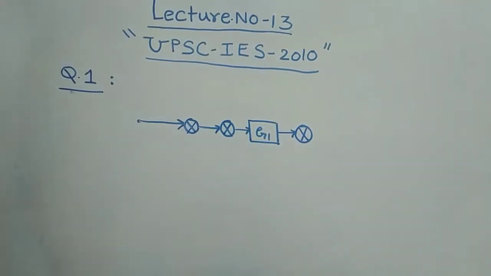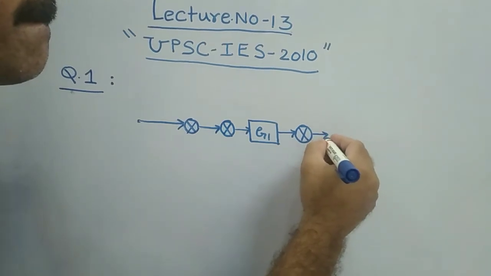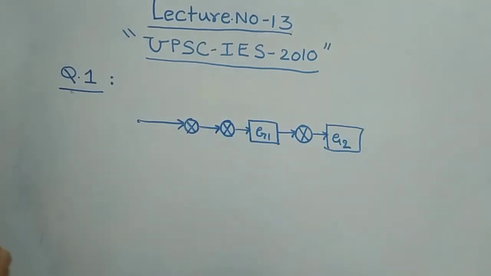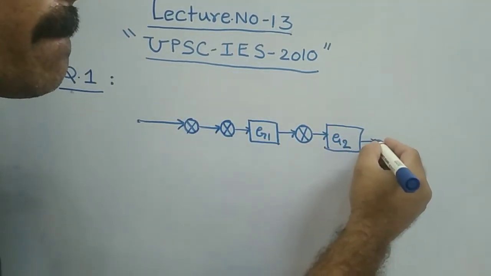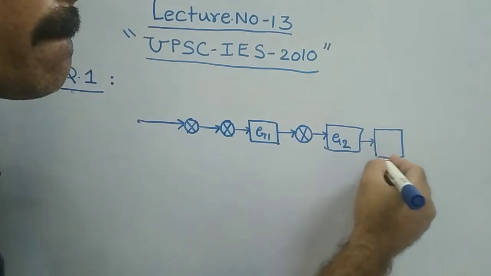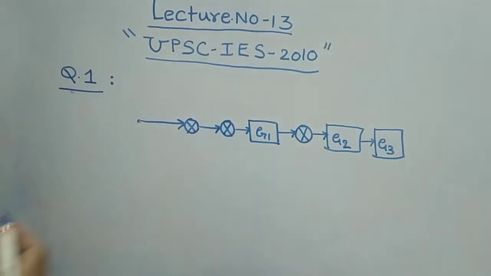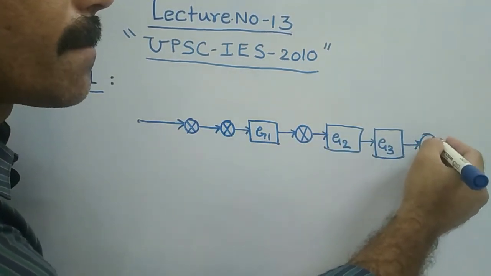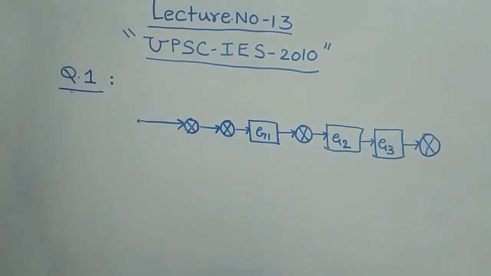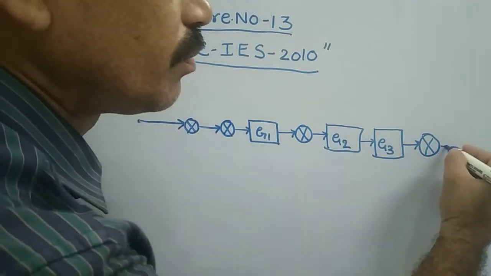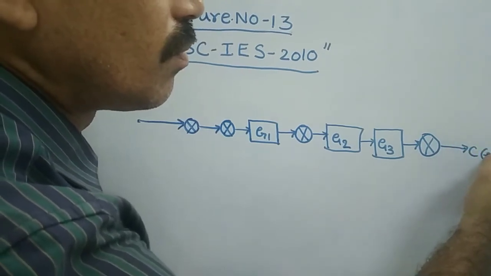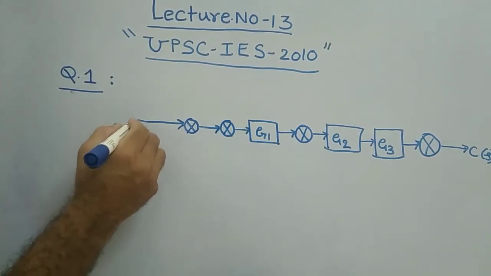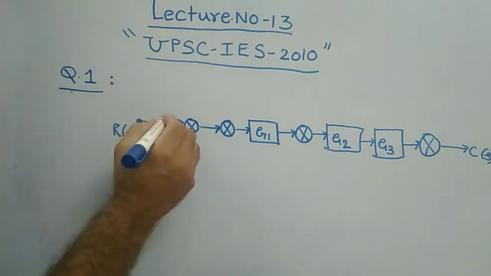a summer followed by G2 followed by G3 followed by a summer and then your C of S. This is the flow.